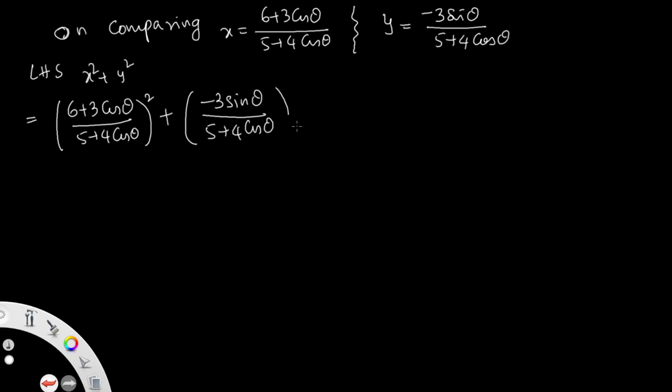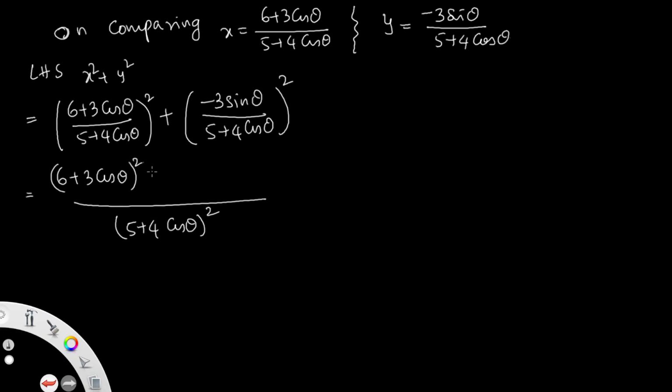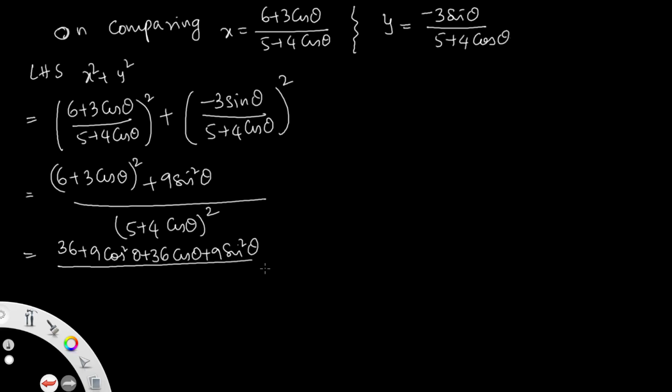Just simplification: the denominators are both the same, that means (5 + 4 cos θ)². Here (6 + 3 cos θ)², and minus times minus is plus, that becomes 9 sin² θ. Simplifying, 36 + 9 cos² θ + 36 cos θ + 9 sin² θ, divided by (5 + 4 cos θ)², using the (a + b)² expansion.